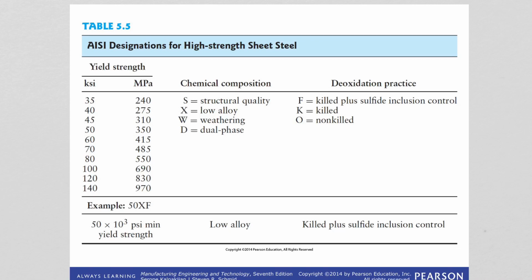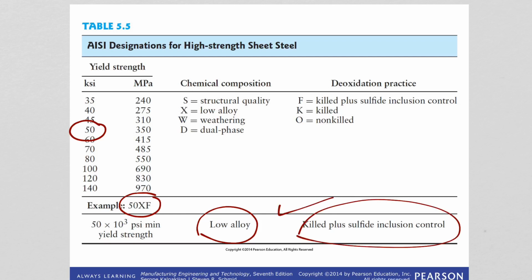Okay, so one example is given. Here we see 50XF. So 50 represents its strength, and it is X, so it is low alloy, and F represents killed plus sulfide inclusion control is achieved. This is the way the designations are done for high strength sheet steel.